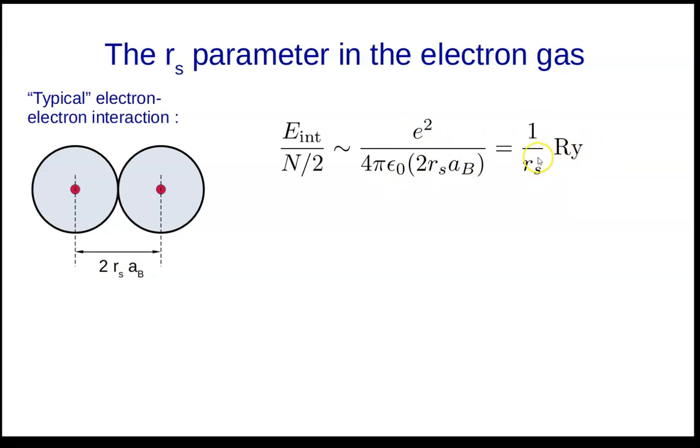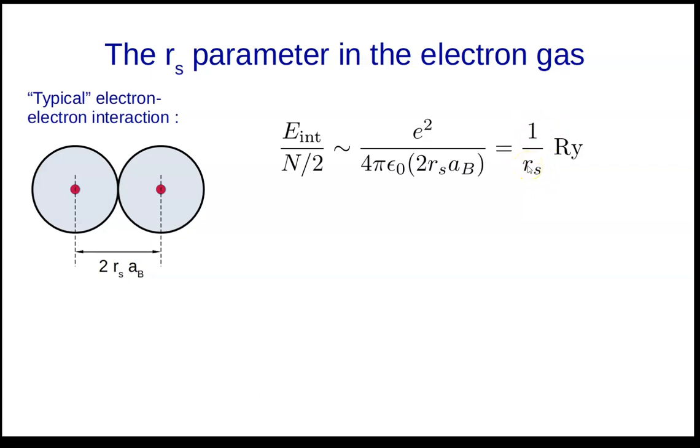So notice that if the density increases, or Rs decreases, then the electron interaction will also increase, but the point is that the kinetic energy will increase even faster. The kinetic energy, remember, increases as Rs decreases by 1 over Rs squared.